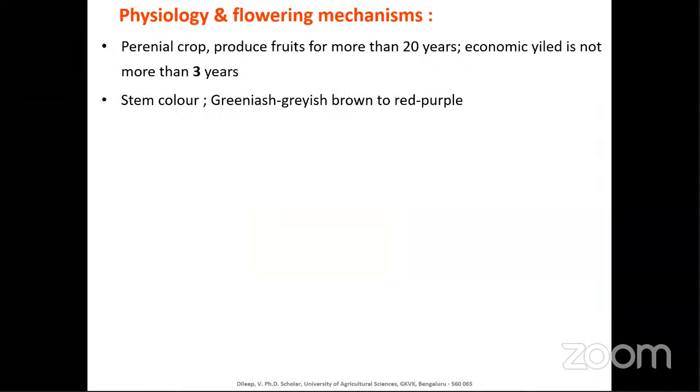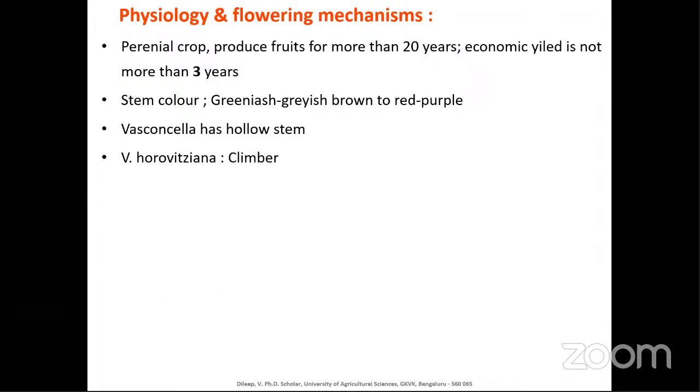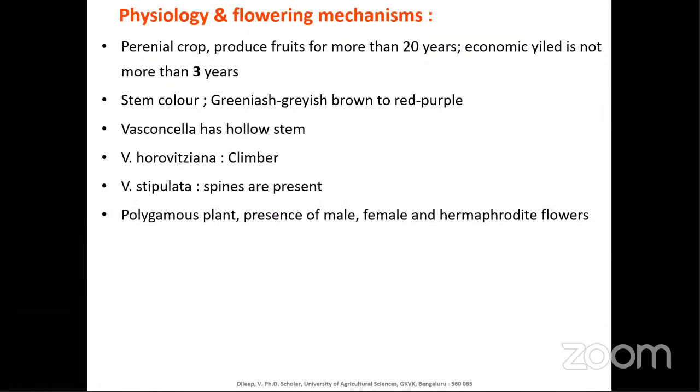The stem color varies from greenish yellow to brown, yellowish brown, and also reddish purple. Vasconcellea has a hollow stem, and Vasconcellea horovitziana is a climber. Why is this coming in flowering physiology? Vasconcellea stipulata is the species which has spines.